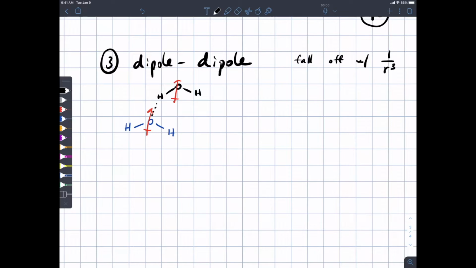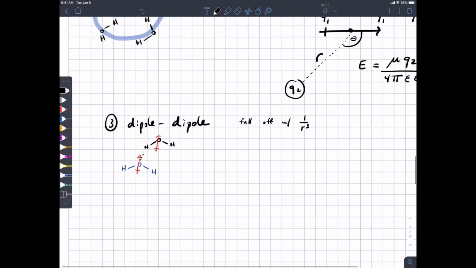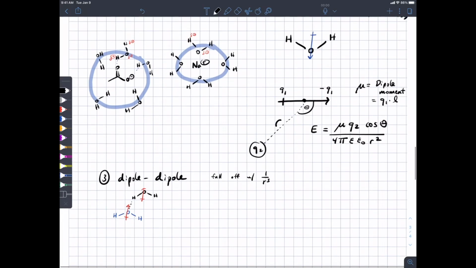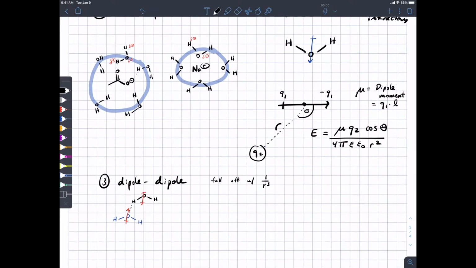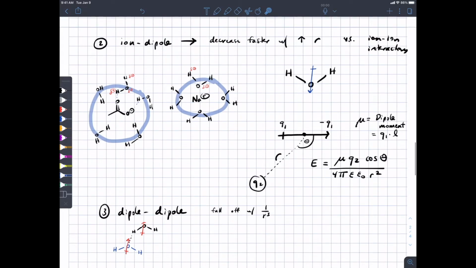Could you explain the interactions between ion-dipole one more time? I guess I'm just confused how that's different than an ion pair. In an ion pair, you have a full charge on one molecule interacting with a full charge on the other.